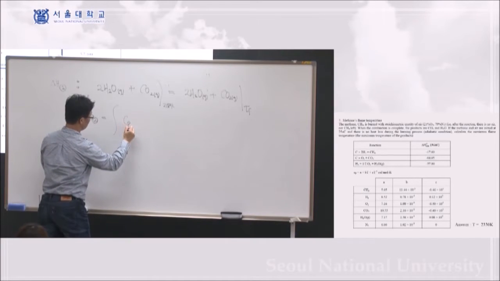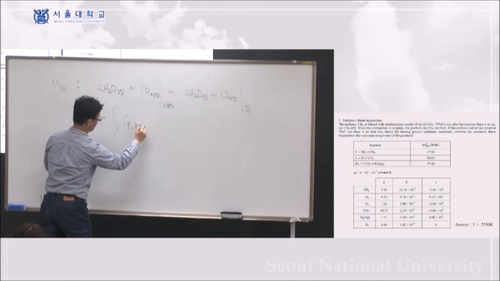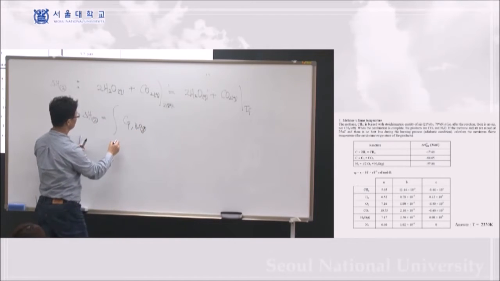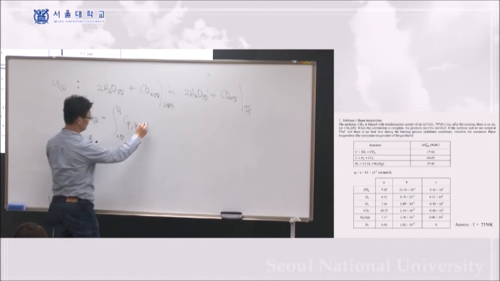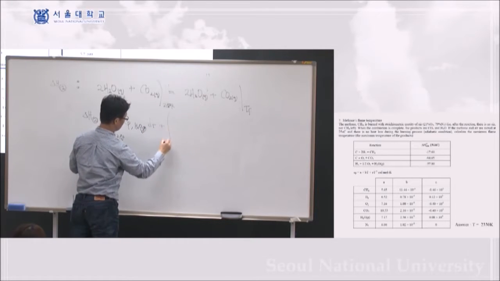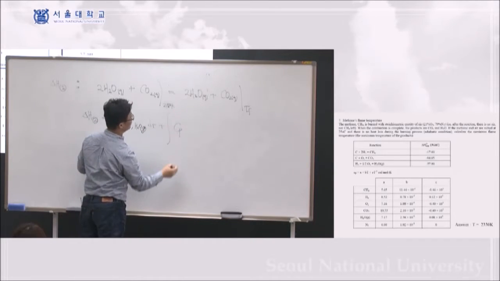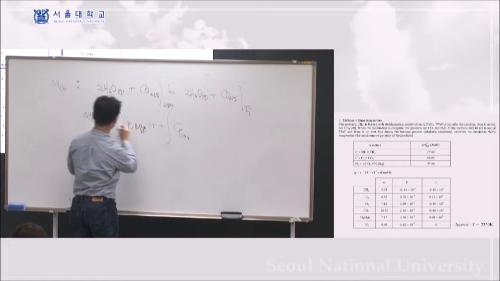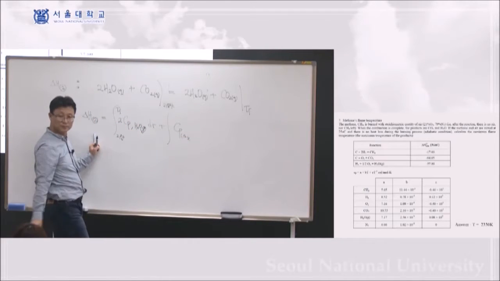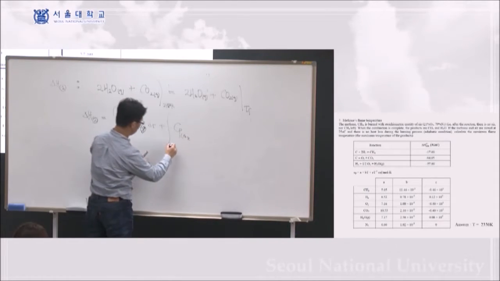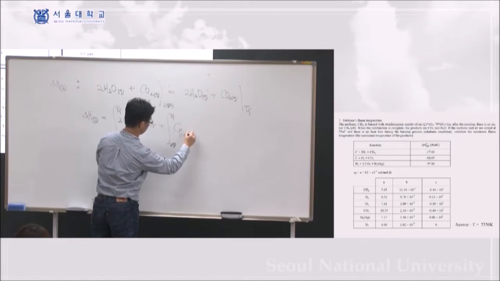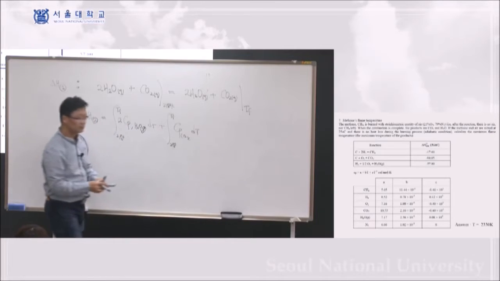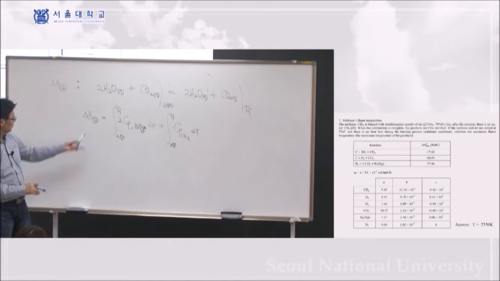So Cp of H2O gas phase, from 298 to the T final dT, 2 moles, plus integral of Cp of CO2 from 298 to the T final dT. This is delta H2. Yeah.